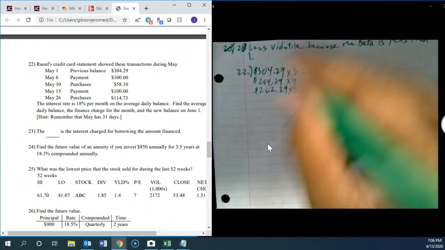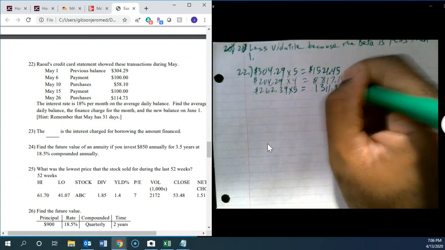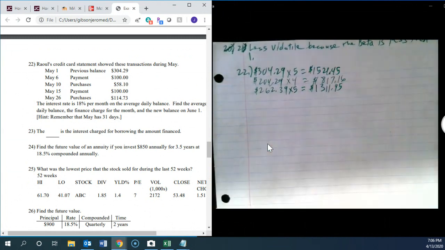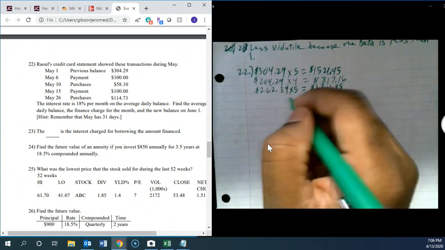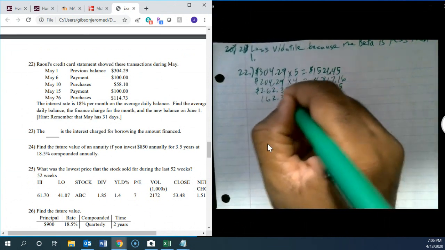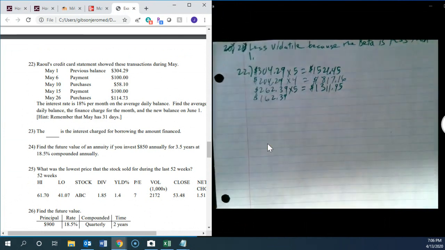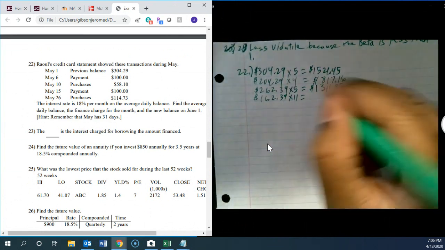And that would give us $1,311.95. Now we made another payment of $100. So we would subtract 100 from this 262.39. So it'll be 162.39. And we will go from the 15th basically to the 25th, which is 11 days. So that'll give us $1,786.29.